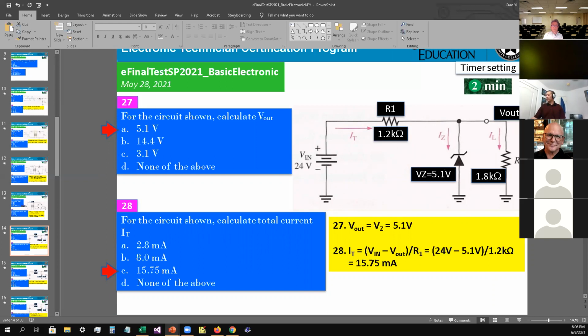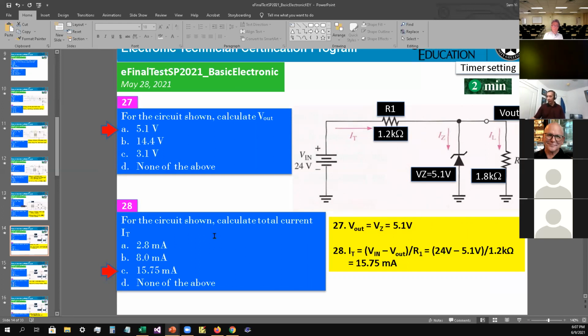If you multiply this one against this one, it would come in at close to about 18 volt. So therefore the Zener is going to go into breakdown, and the voltage out is only 5.1 volt. That's the maximum that voltage will go. So the answer is A as in apple for 27.